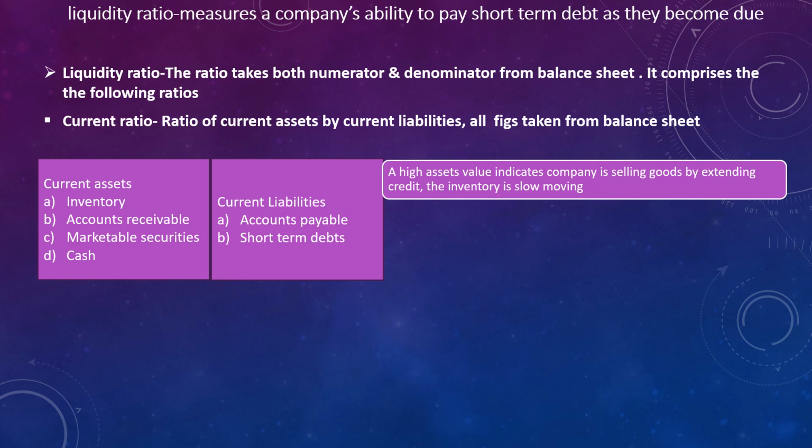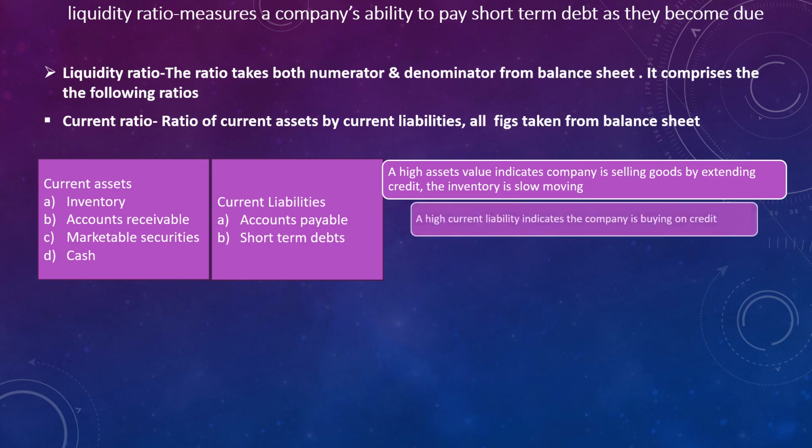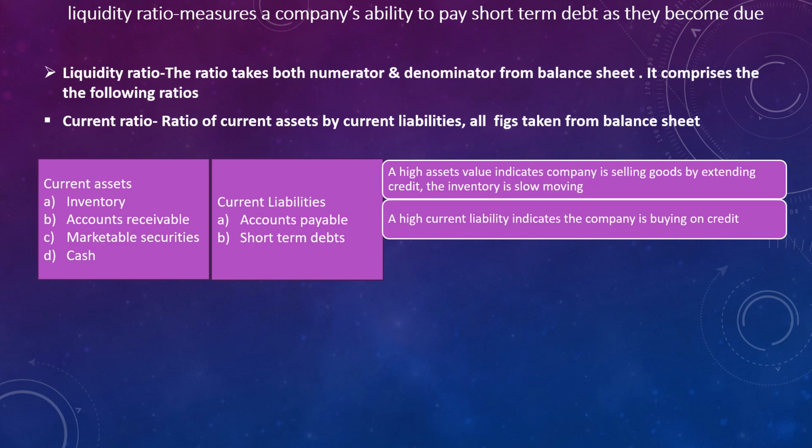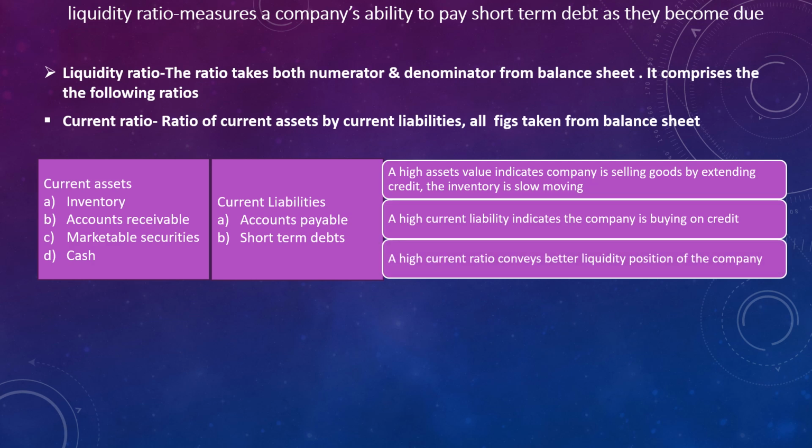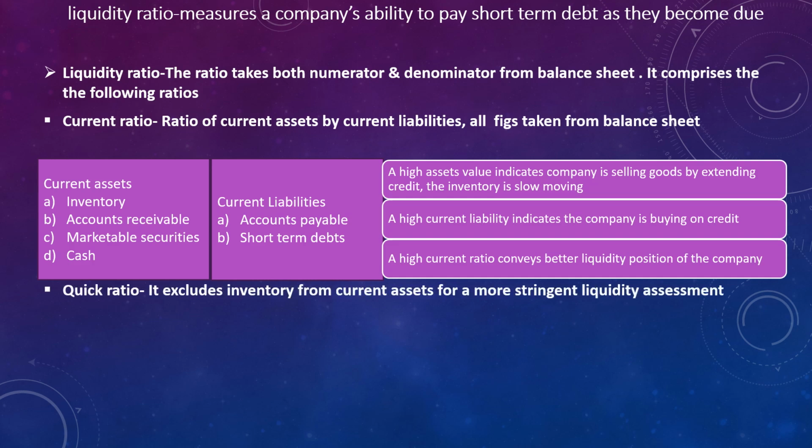A high current assets value indicates the company is selling goods by extending credit. The inventory is slow moving. A high current liability indicates the company is buying on credit. A low current ratio indicates a weaker liquidity position of the company. The quick ratio.